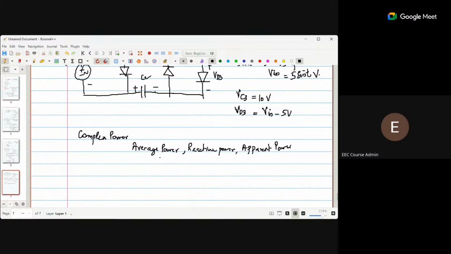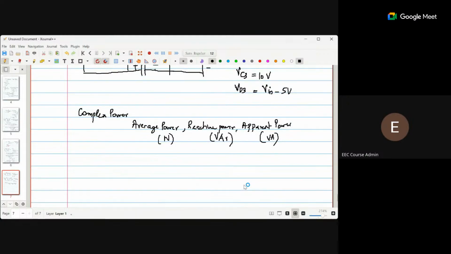Average power is measured in watts, reactive power in volt ampere reactive, and apparent power in volt ampere. So apparent power is the resultant of these two. The actual power in the circuit is the power consumed in the circuit, which is the average power.